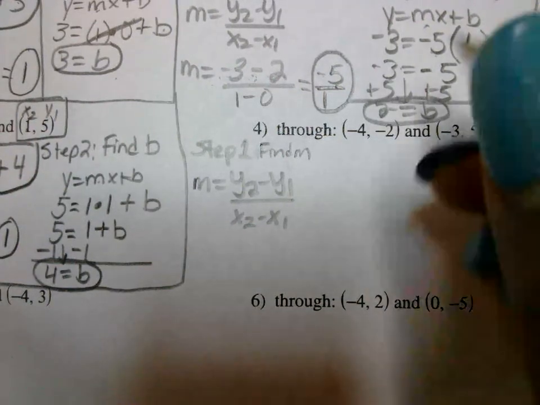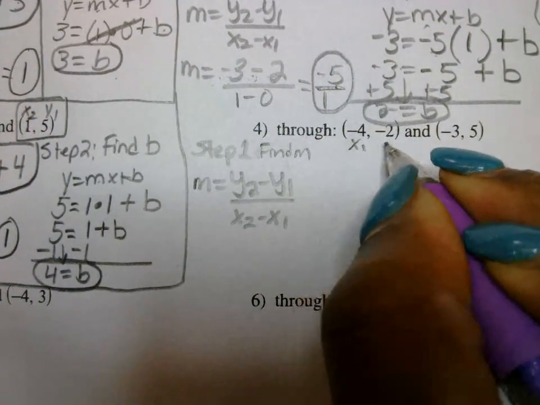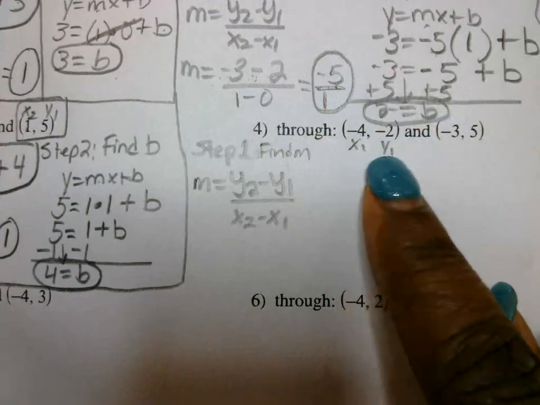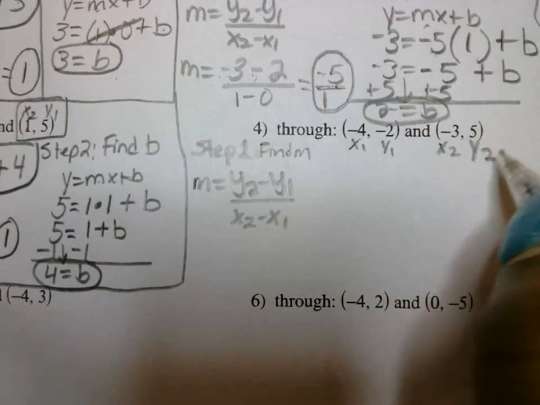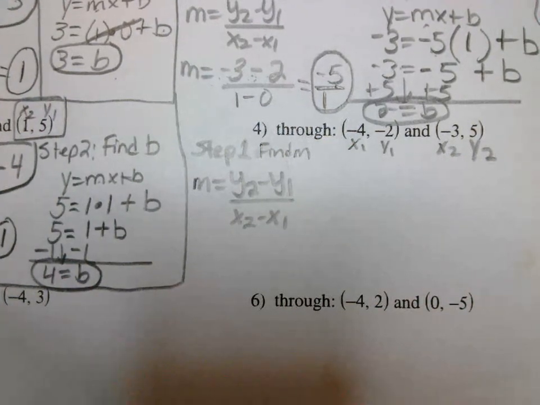Label your points. X1, Y1, first point. X2, Y2, second point. Write this down. We're doing number 4 first. We did these.